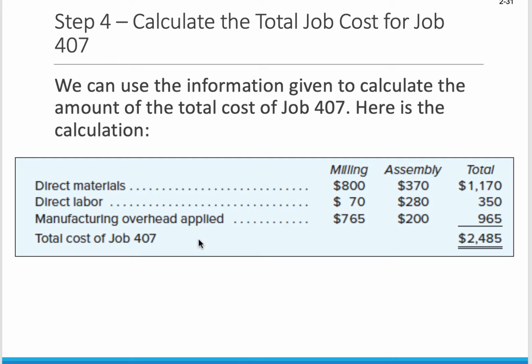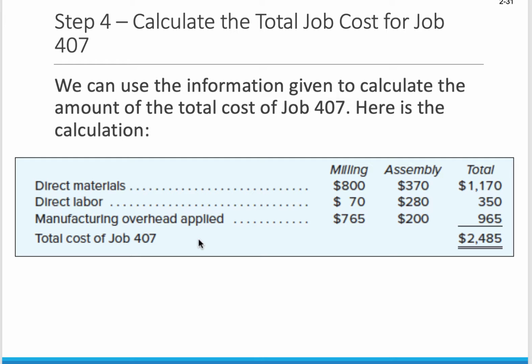The milling department applied overhead based on its predetermined overhead rate, which totaled $765. We also needed to apply manufacturing overhead from the assembly department, because the assembly department incurred indirect costs to make this job, just as the milling department incurred indirect costs in its department to apply to this job.